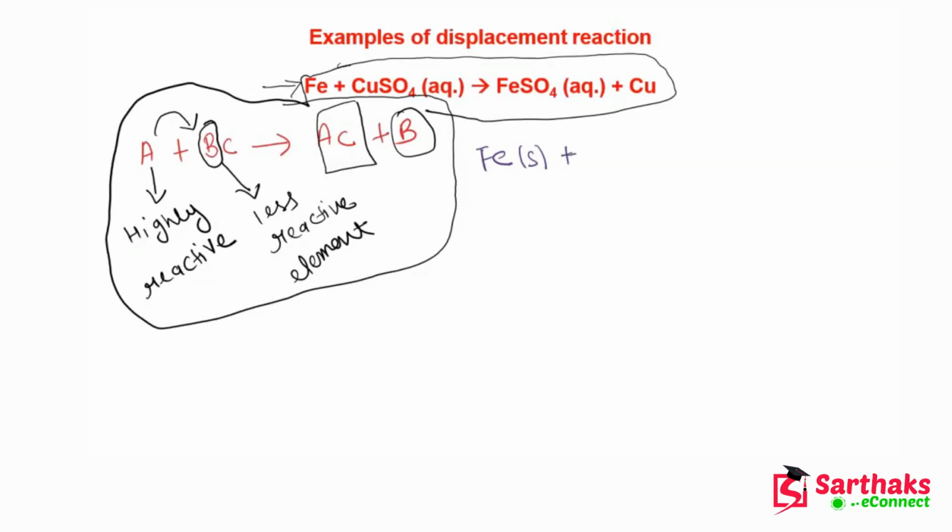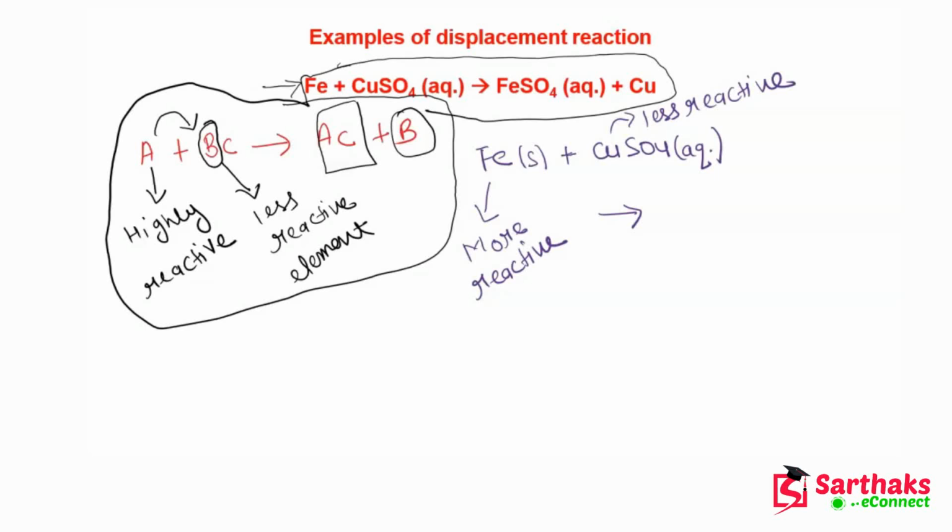When this Fe reacts with copper sulfate, which is in solution, this is a solution of copper sulfate, and when you add Fe here, what will happen? This Fe will displace this copper. And why will it displace this copper? Because Fe is more reactive than copper. This copper here is less reactive.